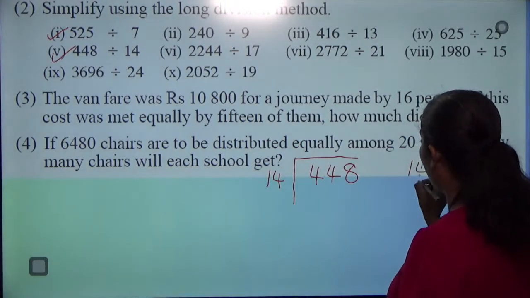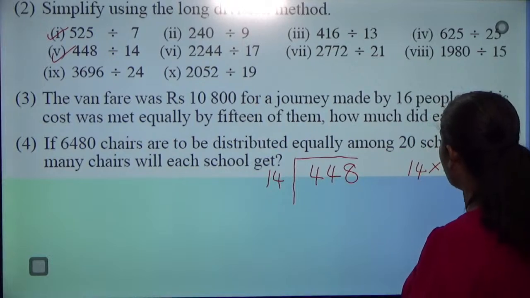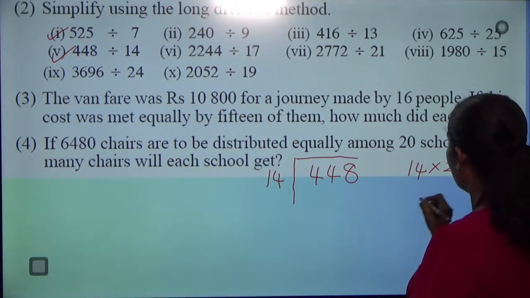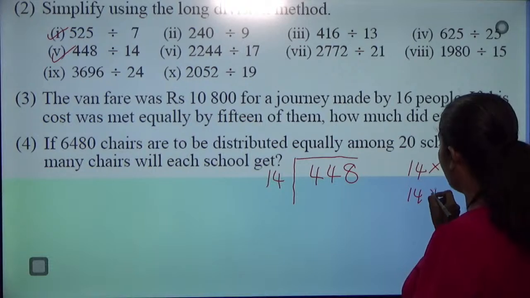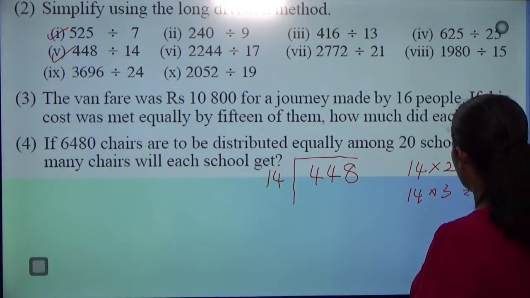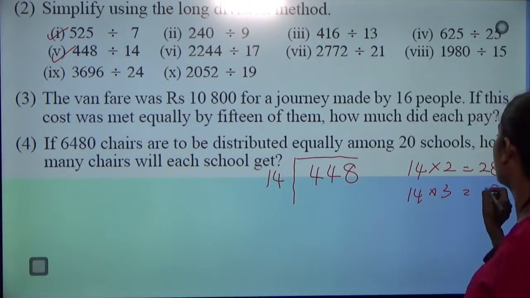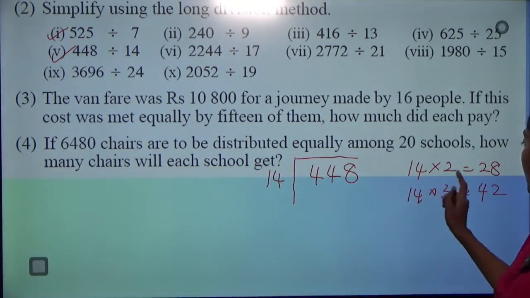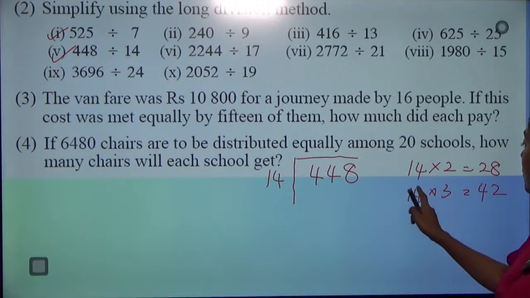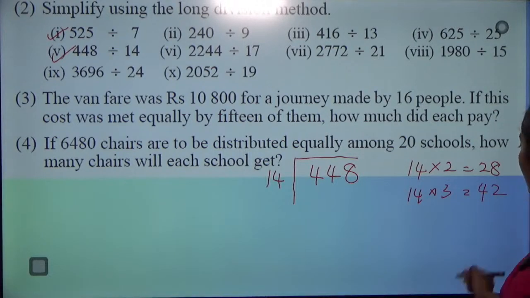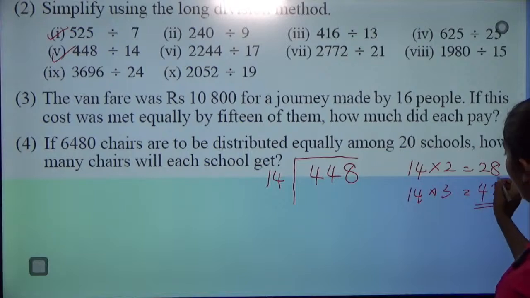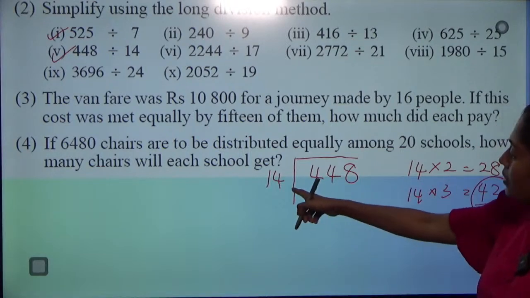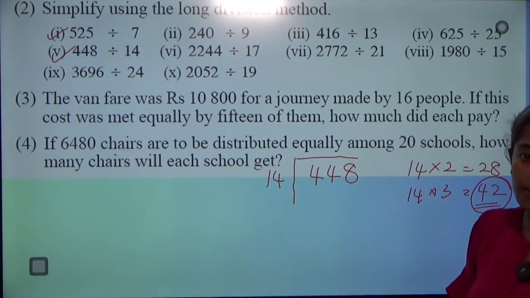14 times 2 is 28. 14 times 3 is how much? 42. 3 into 4, 12, remaining 1. 3 into 1, 3 plus 1, 42. So how many 14s are there? 3.